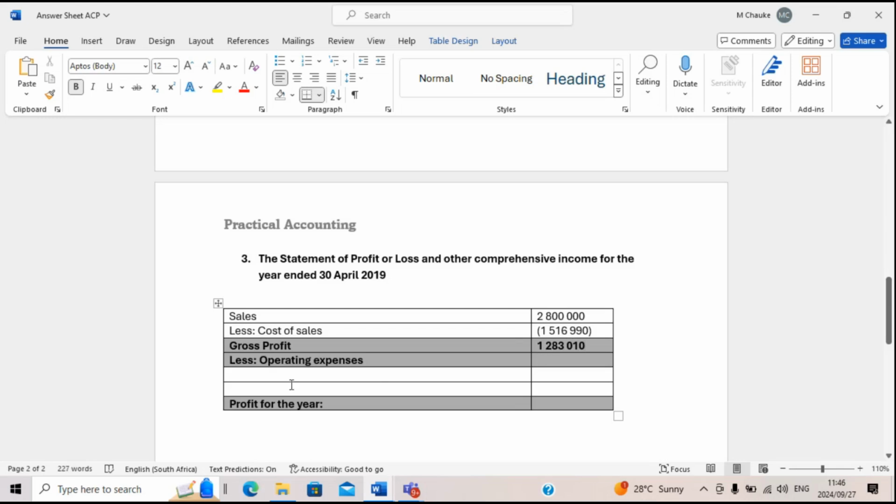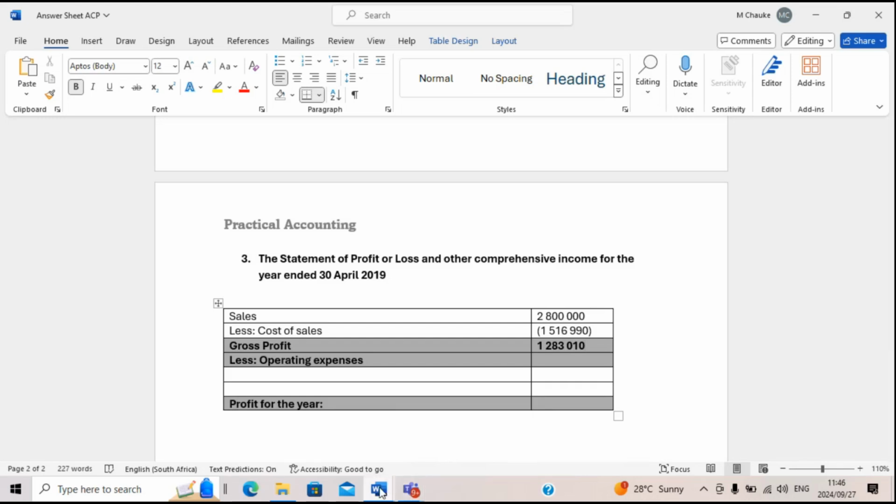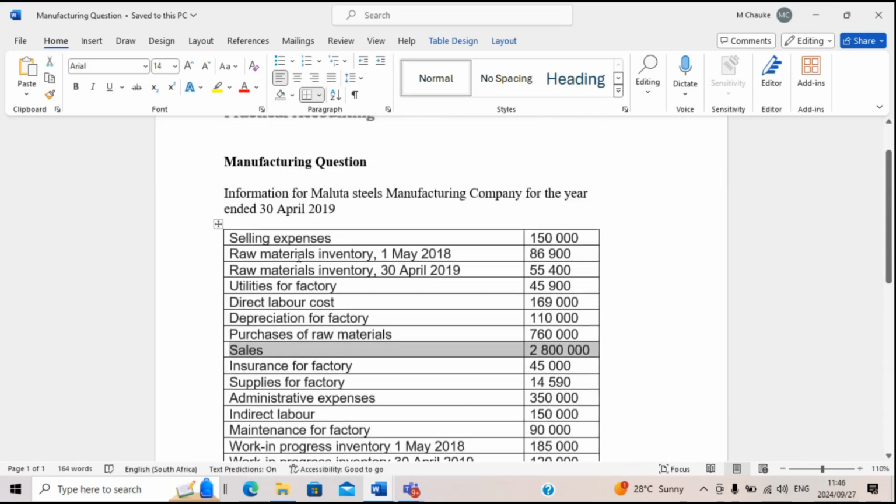Right? And now we need to calculate our operating expenses. We're going to find them in the information there. Number 1 there is selling expenses, normal expenses that we are used to in companies, right? I see selling expenses 150,000.